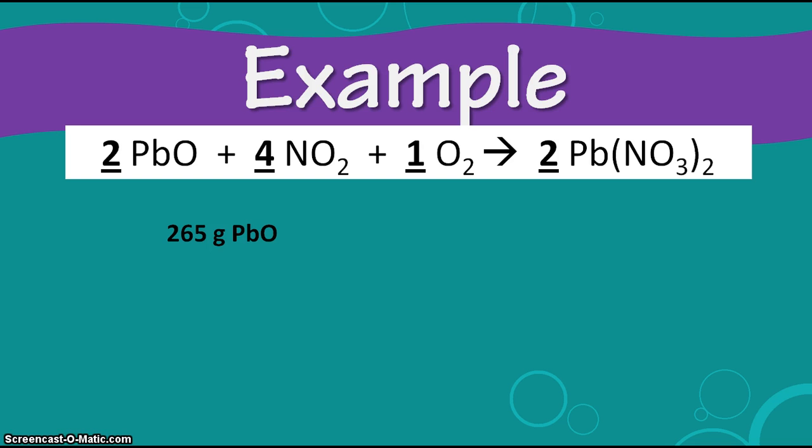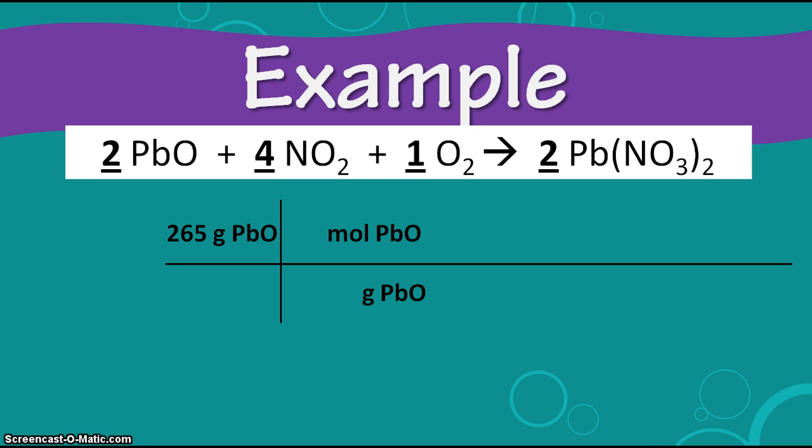So you've seen this problem before, 265 grams of lead-2 oxide. Get rid of grams of lead oxide and convert it to moles. Now that we're in moles of substance A, we can relate it to substance B using the mole ratio. So get rid of moles of lead-2 oxide and convert it now to our product in moles of lead-2 nitrate.